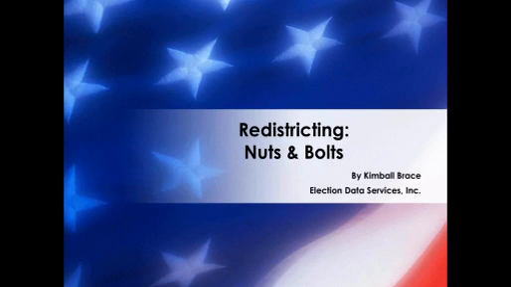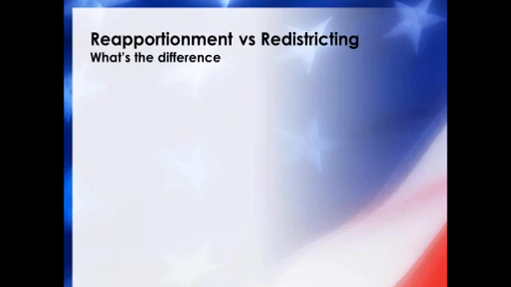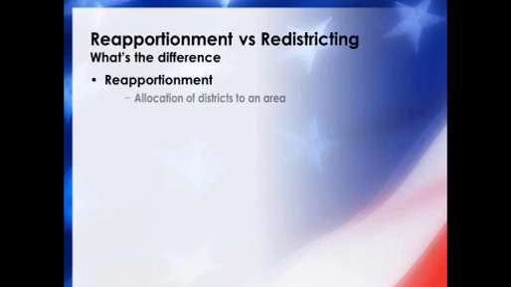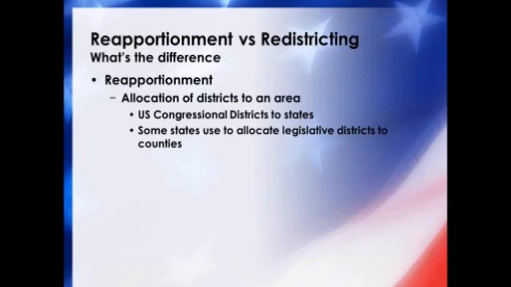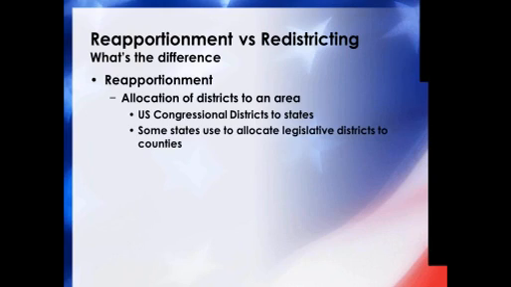Next slide. If you look at some of the basics, it's commonly talked about in terms of reapportionment or redistricting. And what is the difference? Well, reapportionment is really the allocation of districts to an area. Such things as congressional districts going to the states, and in some states they use the reapportionment process to allocate legislative districts to counties.